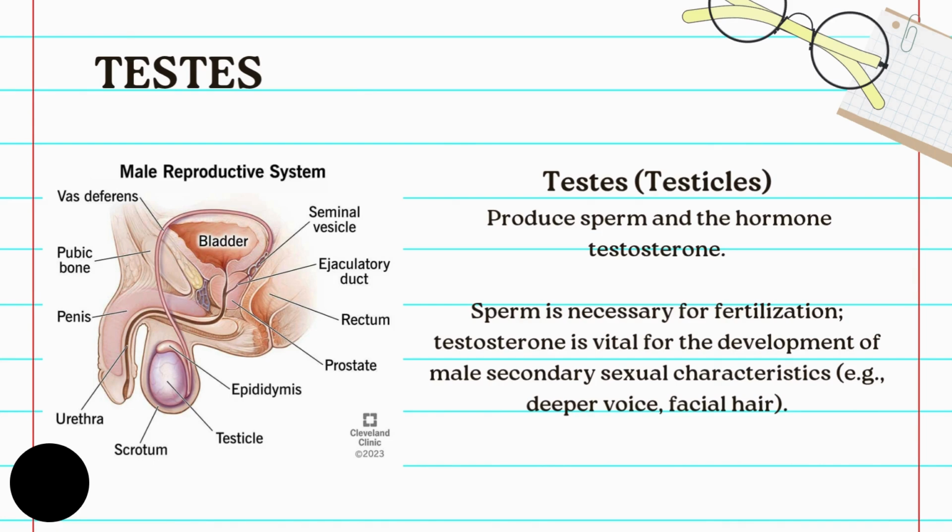Testosterone is also responsible for making sure that the sperm is healthy, and for a man to go into his mature features, for example, facial hair, deep voice, broad shoulders. That's all testosterone's job. So the testicles are responsible for those two things: production of sperm and testosterone.